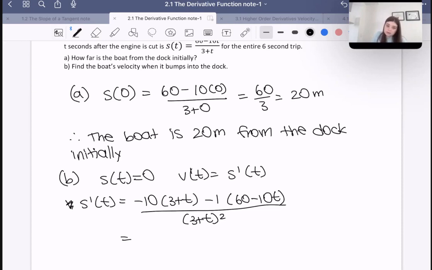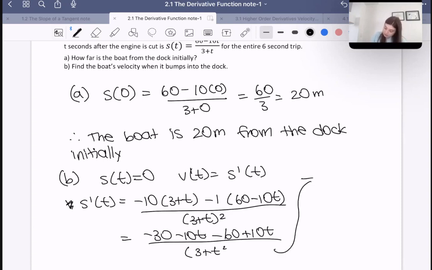And that is equal to, let's see, negative 30 minus 10t minus 60 plus 10t over 3 plus t squared. And going up here, that means s prime of t would be negative 90 over 3 plus t squared.